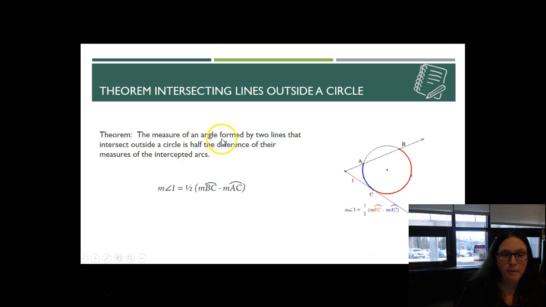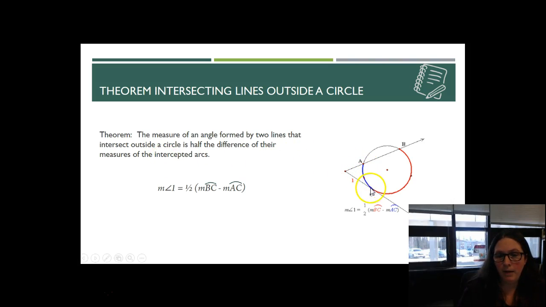In the next theorem, the measure of an angle formed by two lines that intersect outside of a circle is half the difference of the measures of the intercepted arcs.